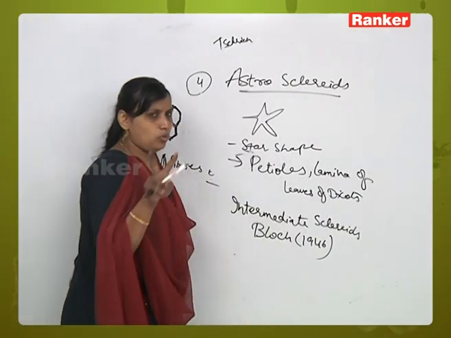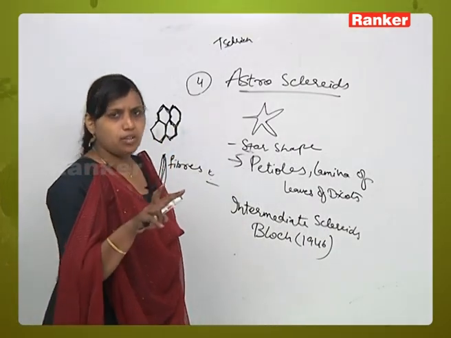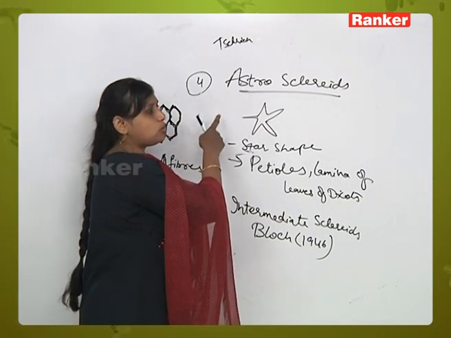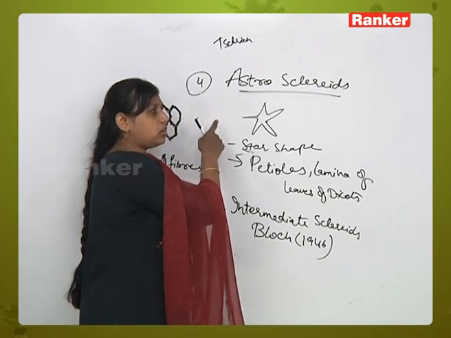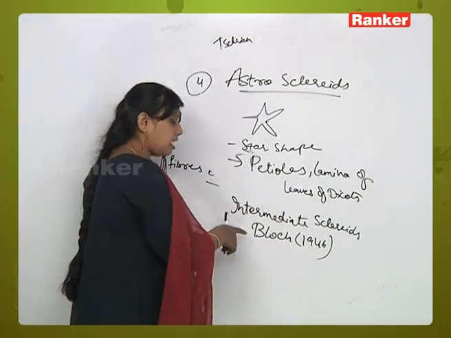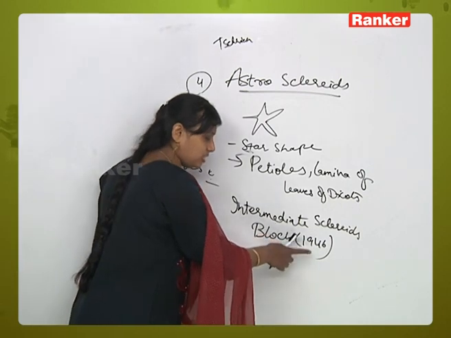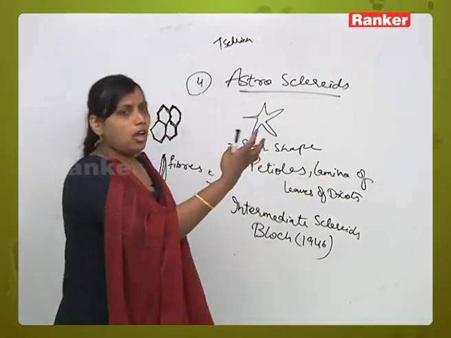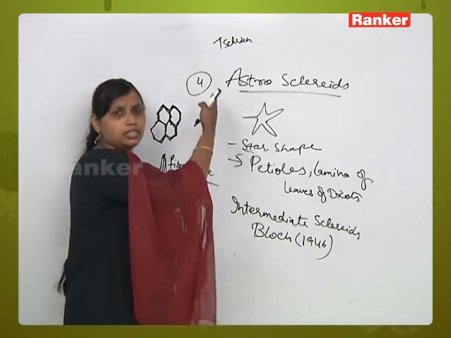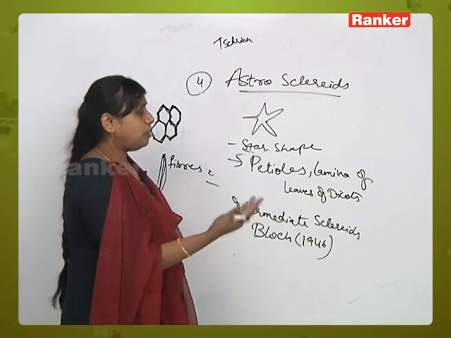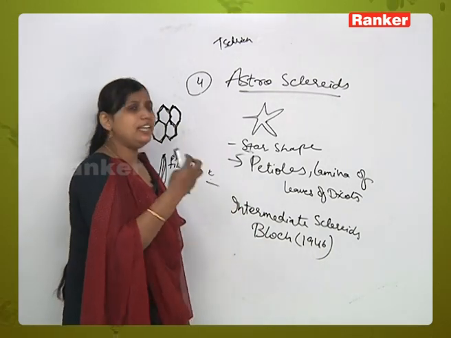Like we have 2 anatomists here. One is Tschirch, who gave 4 types: brachysclerites, rod cells, stone cells, and astrosclerites. Another anatomist is Bloch, in the year 1946. He said that sclerites may be of normal type, but as per these 4 types given by Tschirch, there may be a possibility of intermediate types of sclerites.